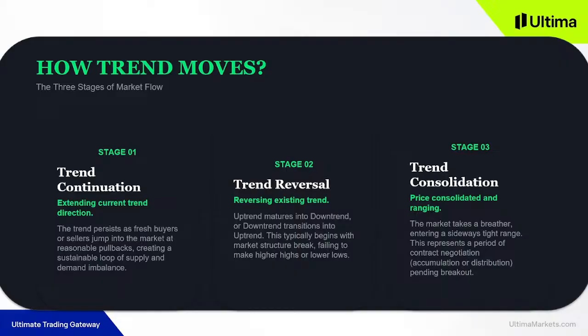For example, a low time frame downtrend could be a temporary pullback phase within a broader uptrend. So if you look at the trends through different time frames, you are able to see that they are interconnected with each other.